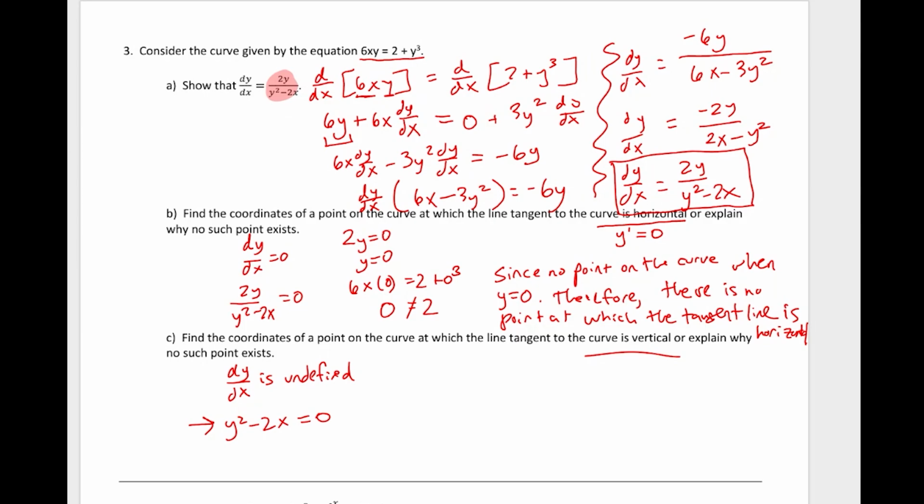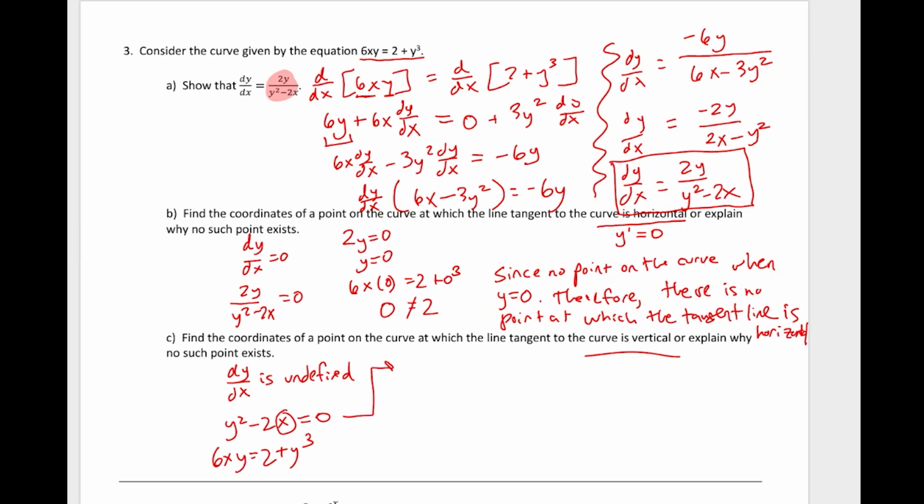So essentially what I have here is a system of equations. I've got this equation and I've got the original equation, 6xy equals 2 plus y cubed. I think the best way to approach this is going to be using the substitution method. And the easiest variable to isolate here is this x.